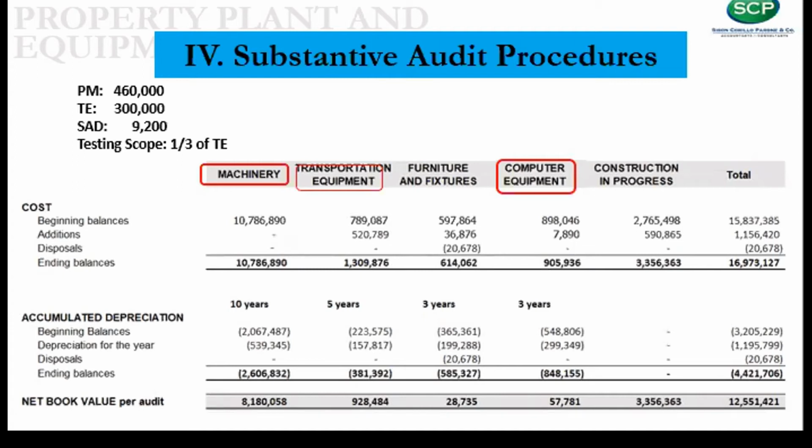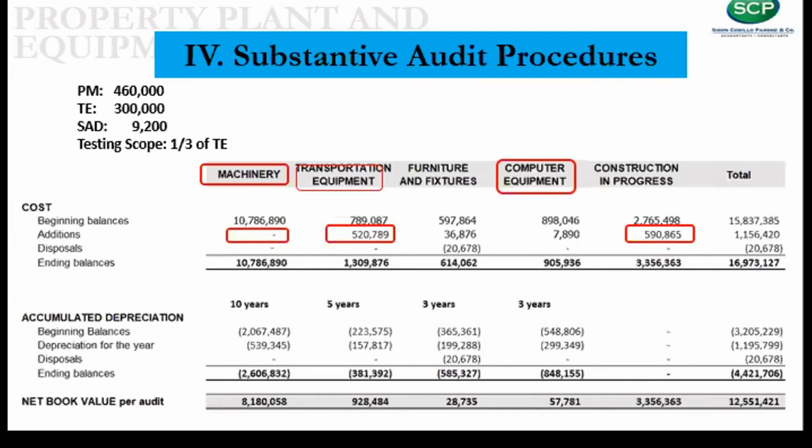Transportation equipment showed additions amounting to 520,789 pesos, while construction in progress showed additions amounting to 590,865 pesos. These are both above the TE amounts of 300,000 pesos. No machinery was acquired in the current year.